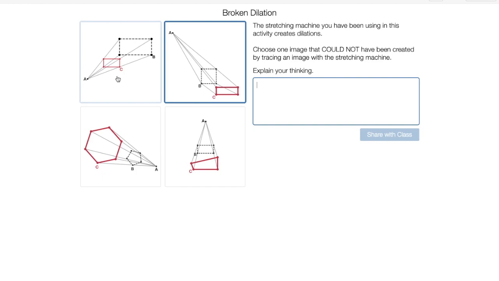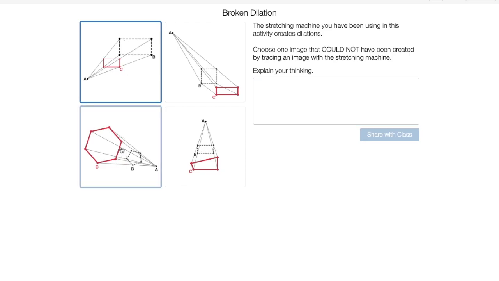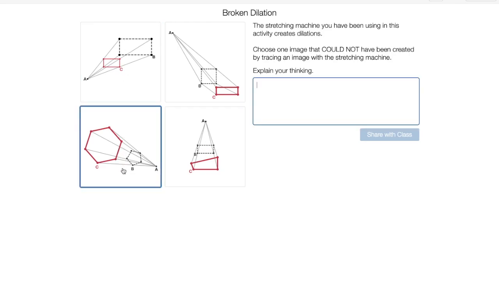Whereas we know in an actual dilation, in a perfect dilation, the line connecting the center of dilation to the image and pre-image should form one straight line, as it is in this example right here. And then these 2 were broken dilations because the shape, this one is a pentagon that becomes a hexagon, and we know that the shape should not change from pentagon to hexagon.